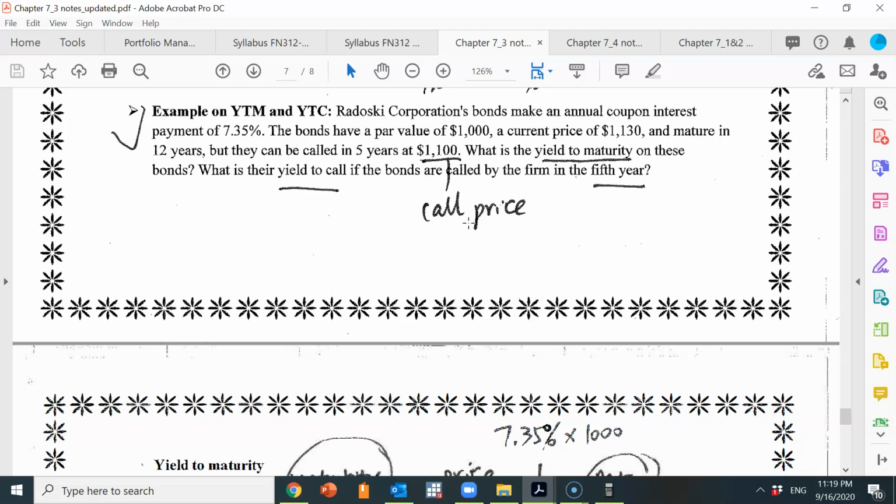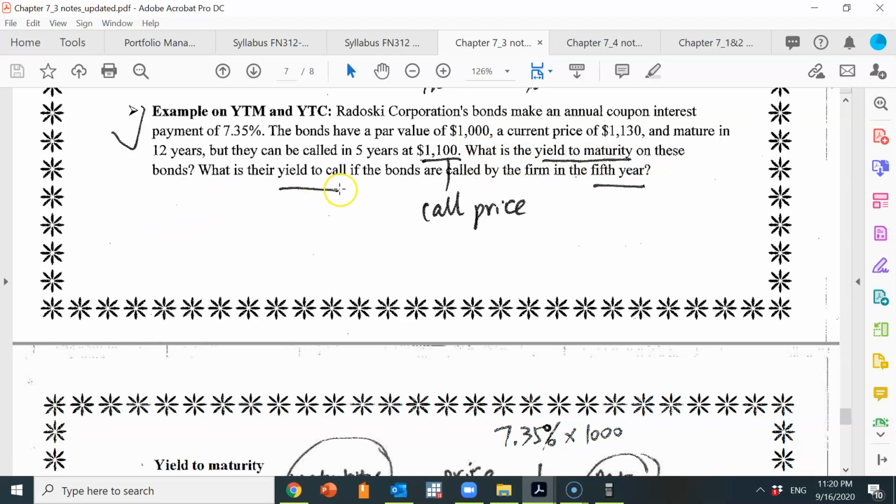So you could either hold the bond for 12 years and get the par value of 1,000. Alternatively, you could hold the bond for 5 years and get the call price of 1100. But the firm or the issuer, the Radoski Corporation, is going to decide whether they want to call back or not. What is the yield to maturity on these bonds?